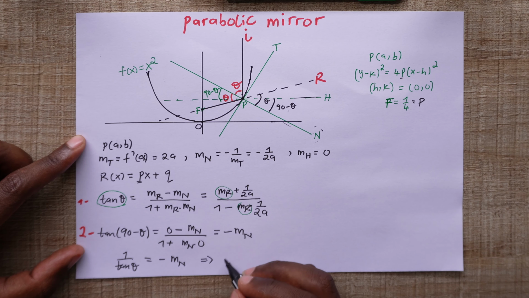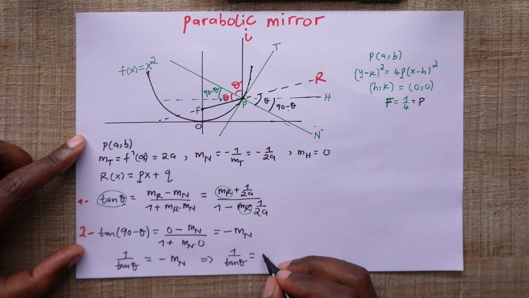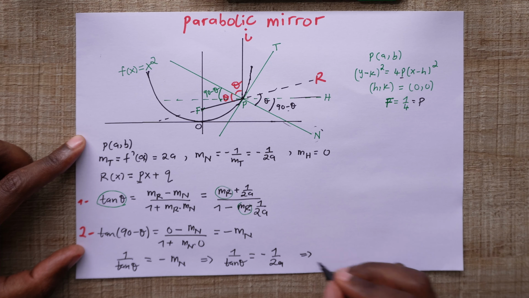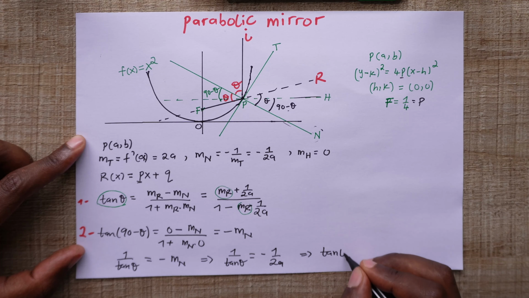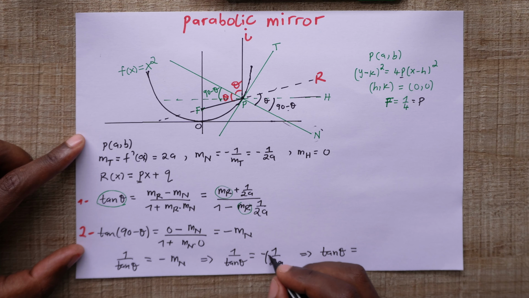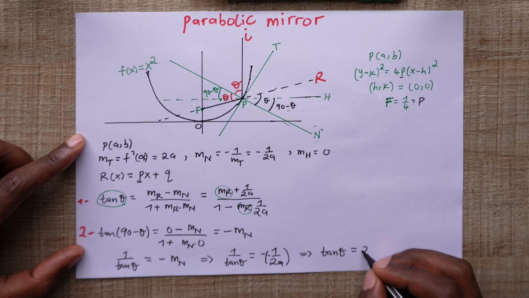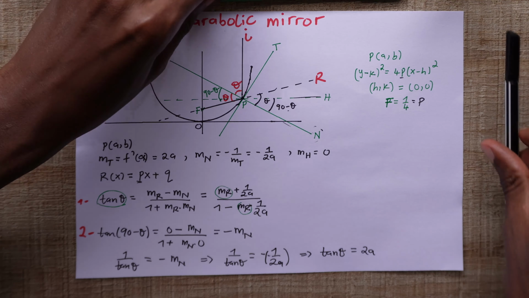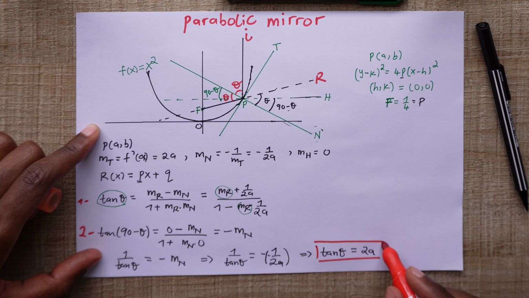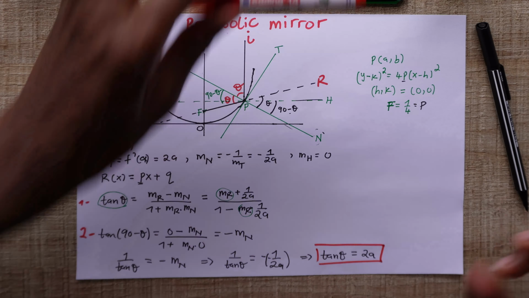So this implies that 1 all over tangent of theta is equal to negative 1 over 2a, giving us tan theta as, so that's minus of minus, giving us tan theta as 2a. So this is the first important point that we can note here.